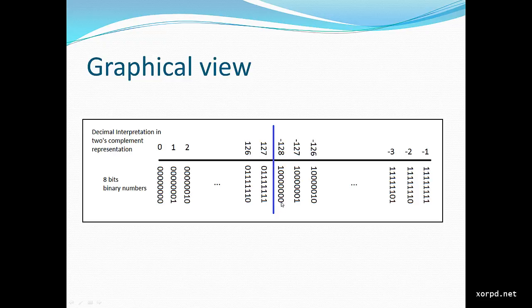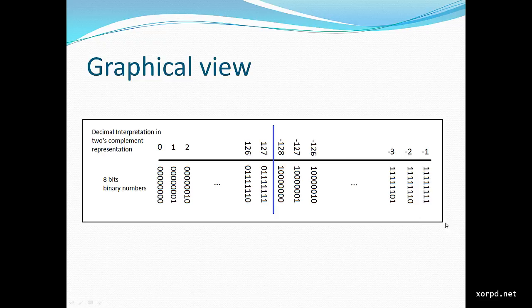The next number right after it is the most negative number, minus 128. We've seen this number before in the previous slide. And then, in an interesting way, the numbers become less negative as we move on, until we get to the last number, which consists of only bits of 1, which is minus 1.